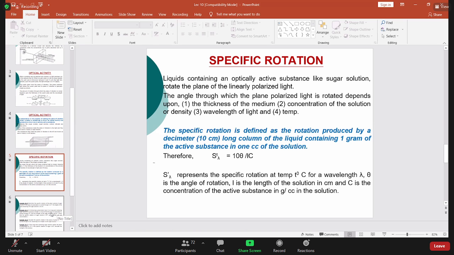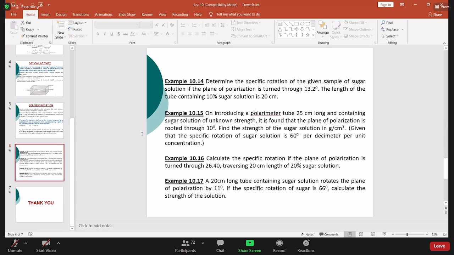So this is the specific rotation. Next, at first we'll practice the first problem, number 10.14. I think you can see the slide. Everyone please try number 10.14 and tell me the answer.